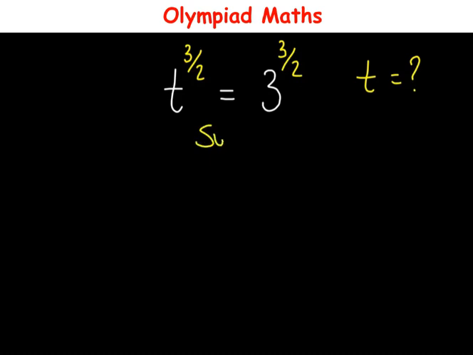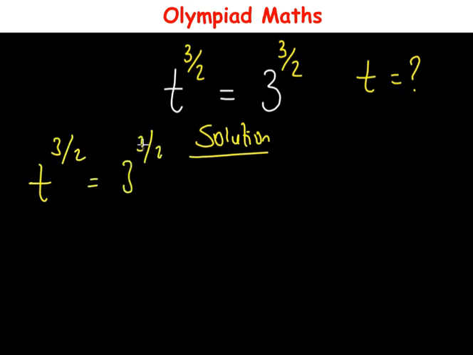To solve this, we have t raised to power 3/2 is equal to 3 raised to power 3/2. So let us factorize 1/2 from these powers. So this becomes t raised to power 1/2 times 3 is equal to 3 raised to power 1/2 times 3.